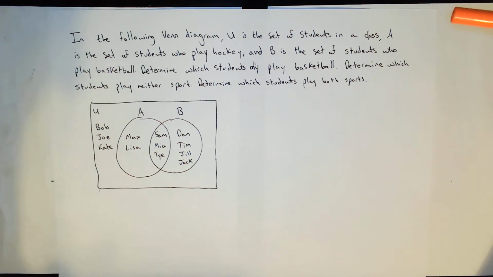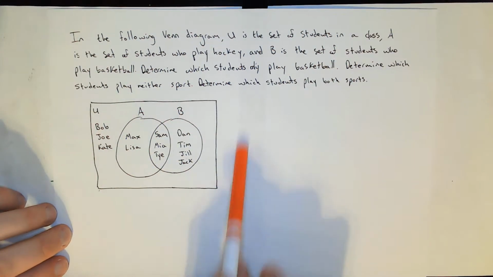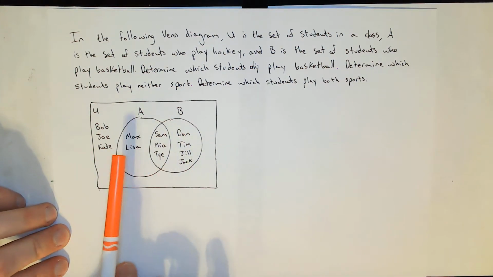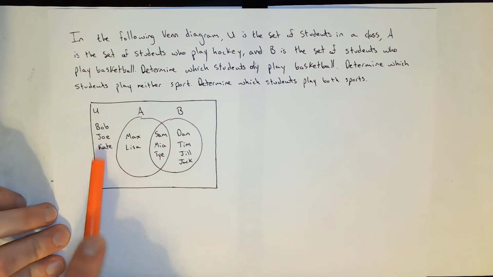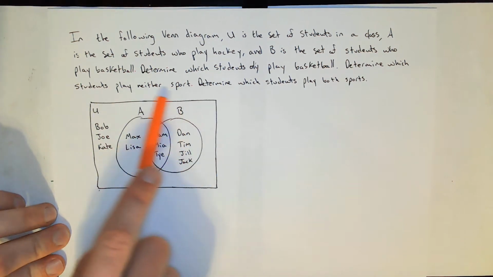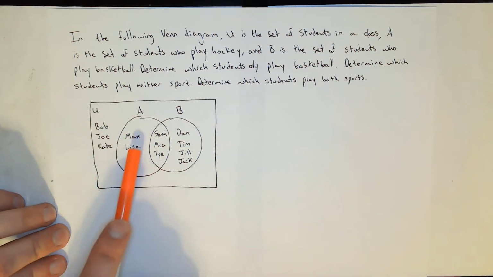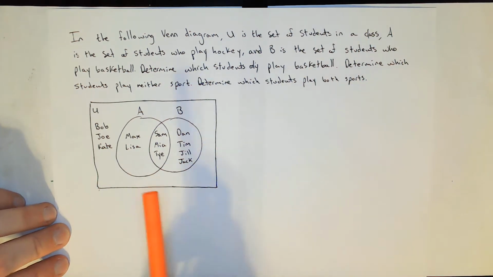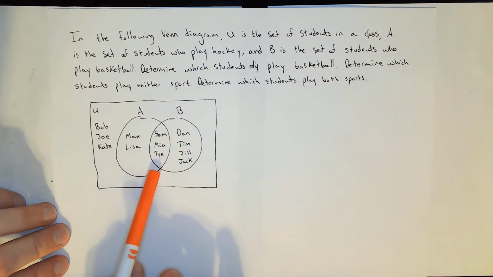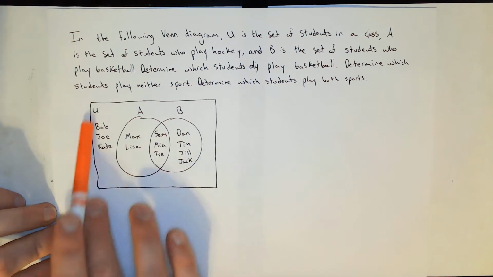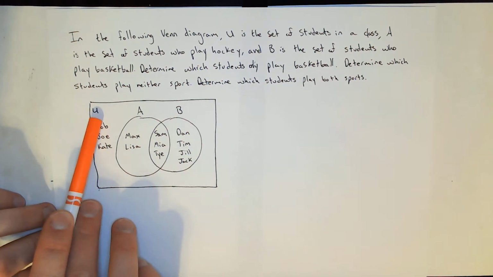The problem I'd like you to do here is, given a Venn diagram of this form, so 2 sets, with data being outside of the 2 sets, all of these 12 names are in the universal set U.